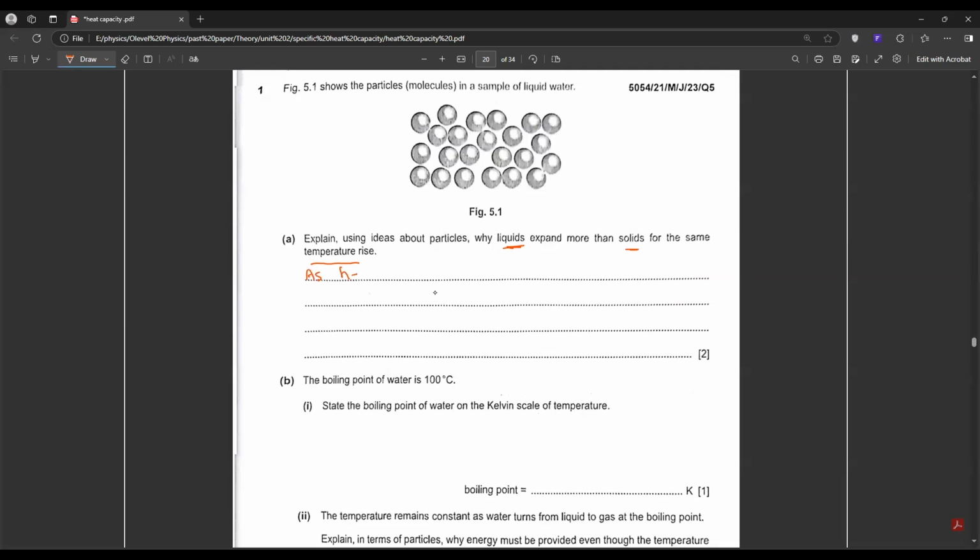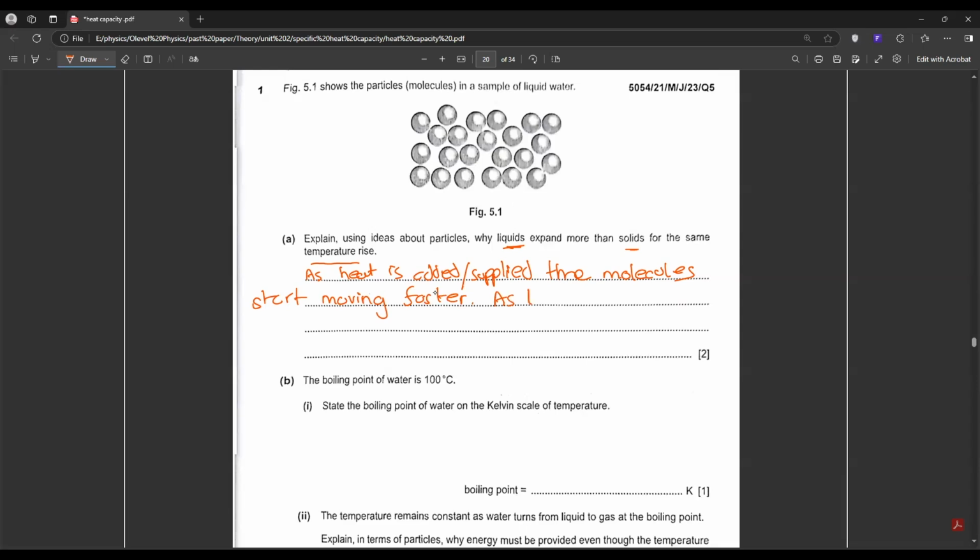As heat is added, or supplied is a better word, the molecules start to move faster. And as they start moving faster, what will happen?